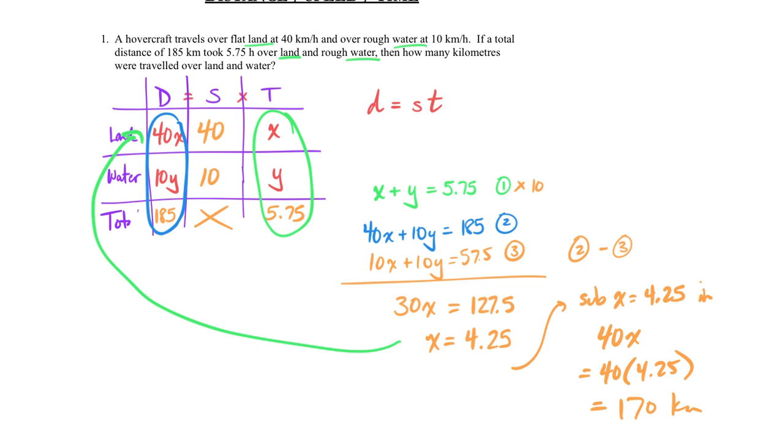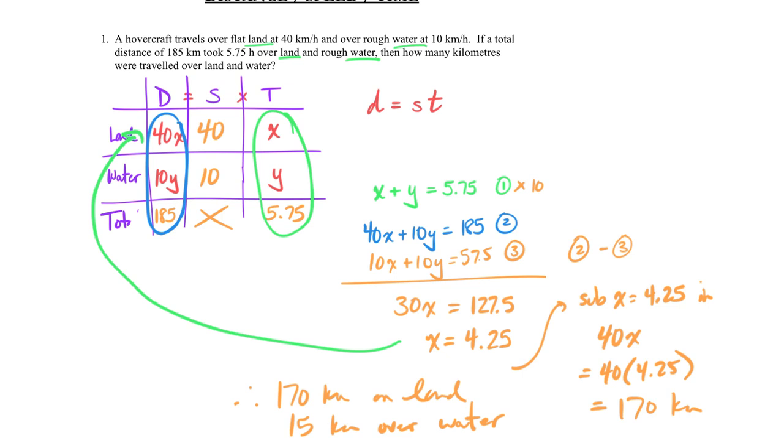Now, you could, if you wanted to, solve the system, but then it requires your y value to sub in to get your distance on water. I would argue to you, don't. Now that you know that the distance on land was 170, you know the total was 185, you could then draw your conclusion. Therefore, 170 kilometers on land and 15 kilometers over water. Man, that's pretty sloppy on the bottom.